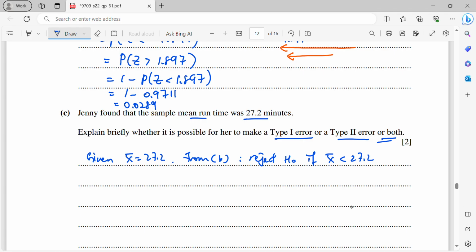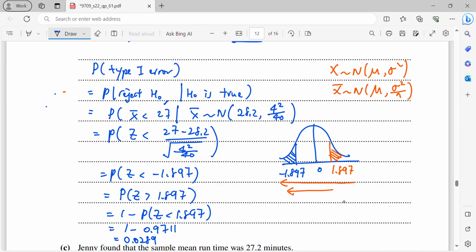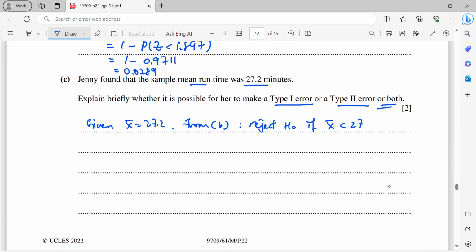Sorry. From part B, reject H naught if x bar is less than 27. So now your x bar is 27.2, which is greater than 27.